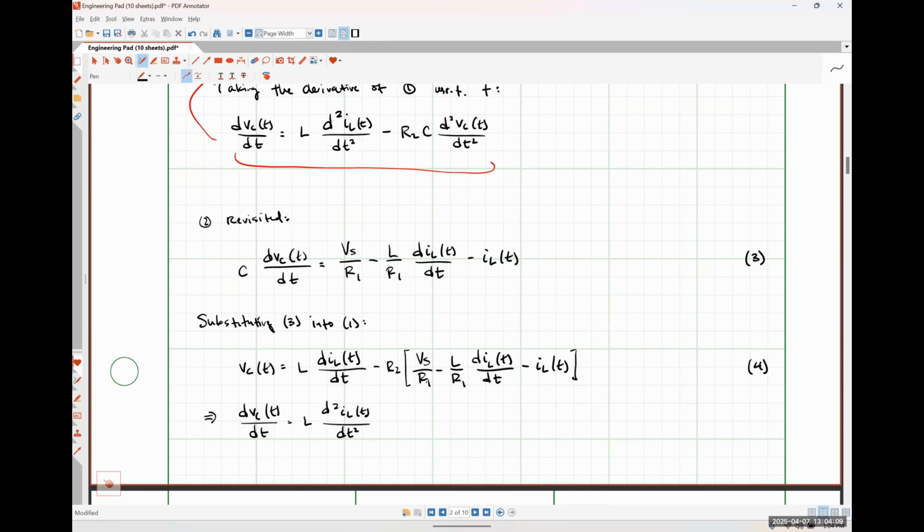That first term right there is going to be a constant, right? So when I take the derivative of that, nothing's going to happen. That minus sign is going to cancel each other out. So I'm going to wind up with a plus R2L over R1. That's going to be a second derivative relationship as well.